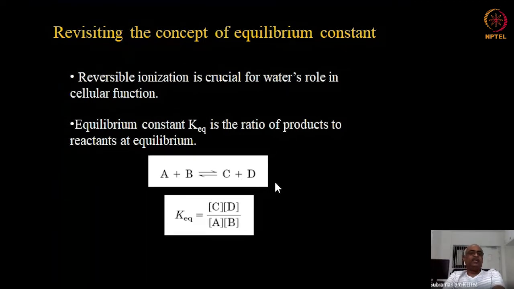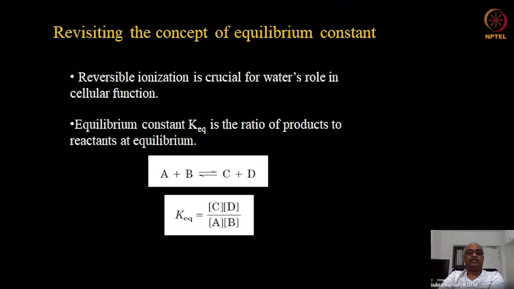At equilibrium, both rates are the same. If you rearrange, you get the equilibrium constant, where C times D divided by A times B is the equilibrium constant. This I am sure you learned a long time ago; this is just to recollect. If it is not clear to you, revise your chemistry.